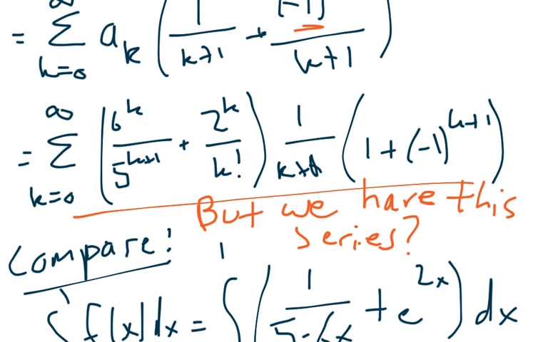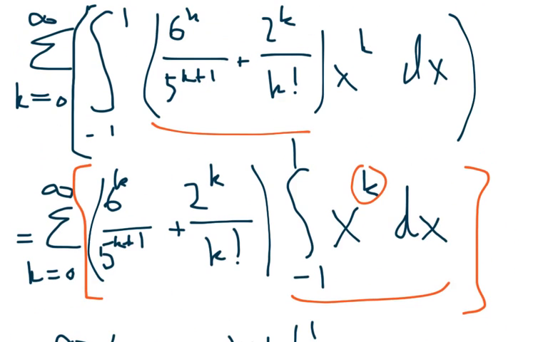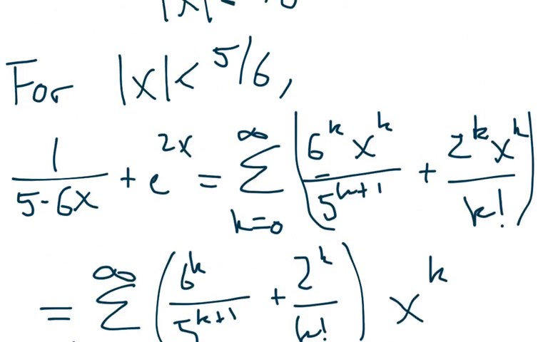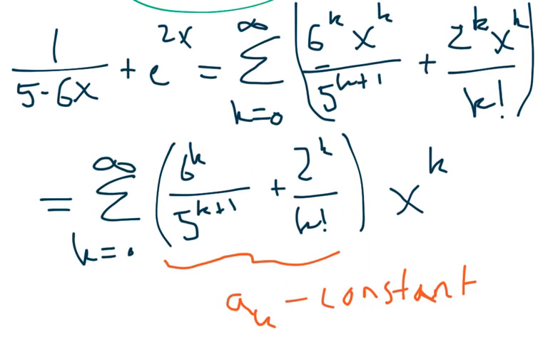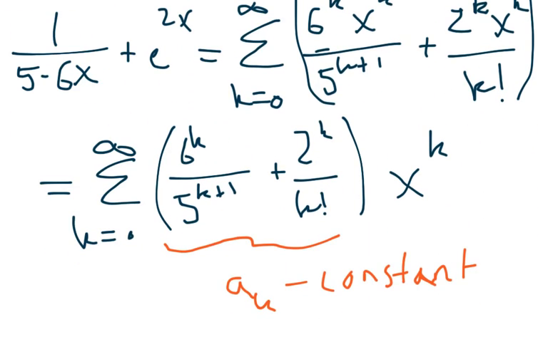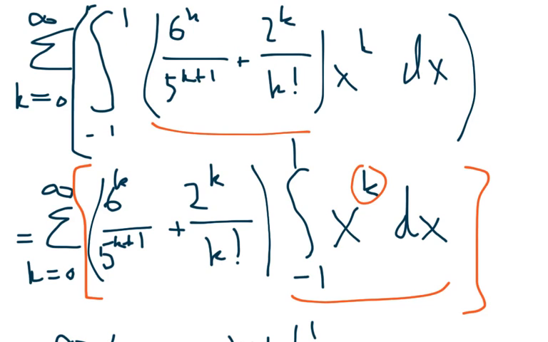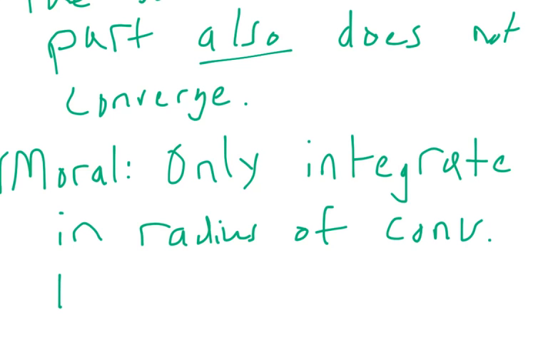Okay, so, well, what went wrong here? Look, we just said up here when we calculated this series that this is our radius of convergence. But, well, minus 1 to 1 is outside of that radius of convergence, right? 1 is greater than 5 over 6, and minus 1 is less than minus 5 over 6.